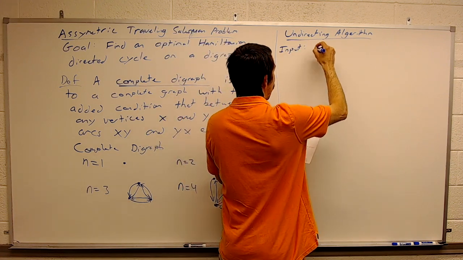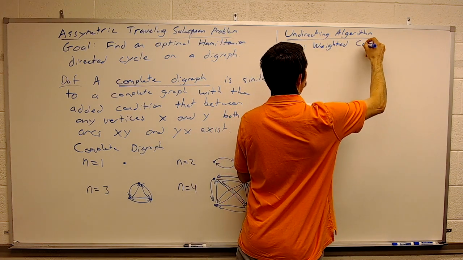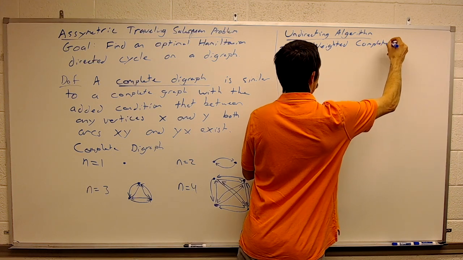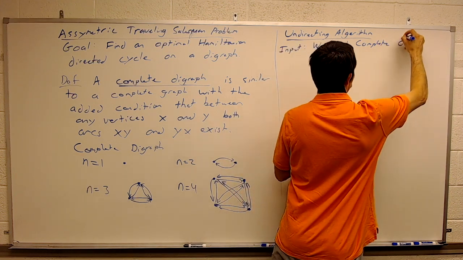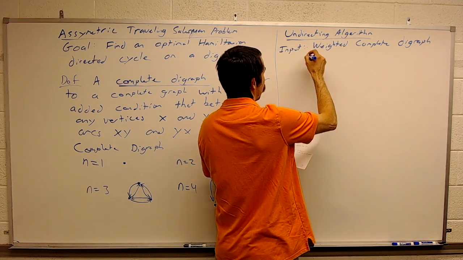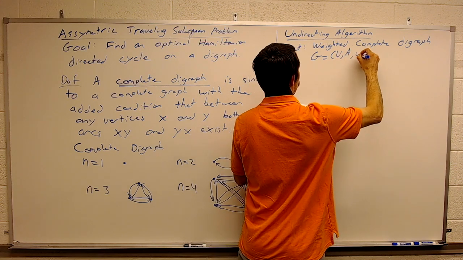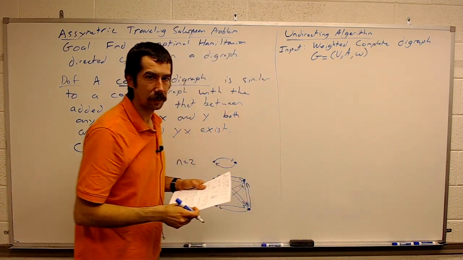It is a weighted complete directed graph, sorry, which we could call G, which has a vertex set, an arc set, and some weights.